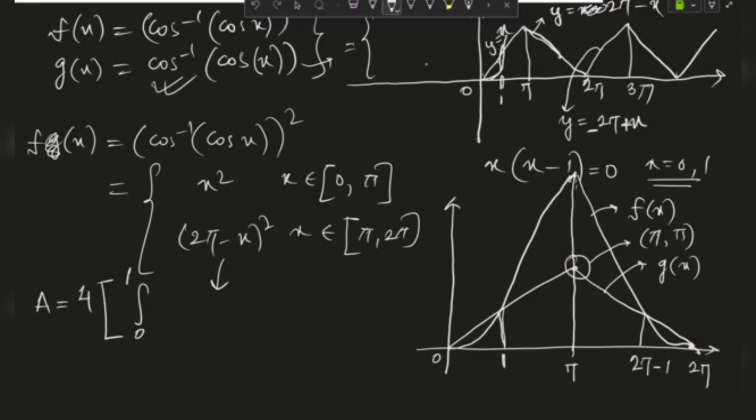Now in this part, cos inverse cos x is x, and cos inverse cos x whole squared is x squared. So this is x minus x squared dx. And for the next part, integral 1 to pi, this becomes x squared minus x dx. The reason why I took 4 is because we have to calculate all these. Okay, I will calculate this out for you.